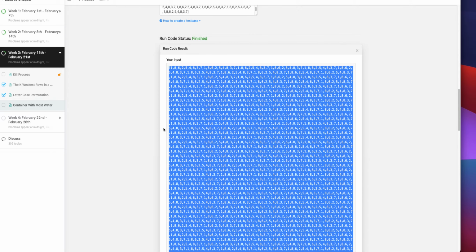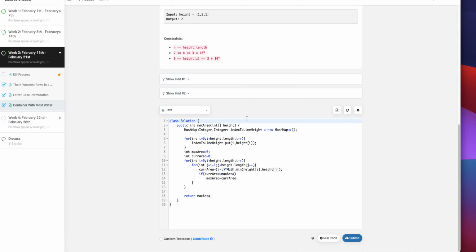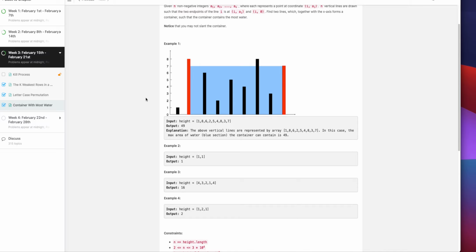Better would be, how can I do better? I'm not sure how we can do better, but one way would be, so it's a product of the distance and the min height between the lines, right?